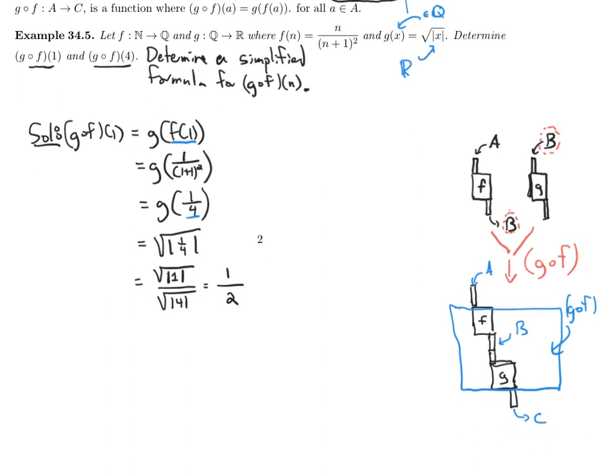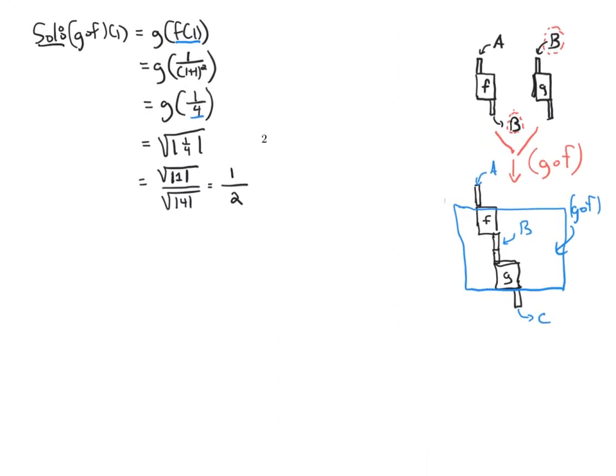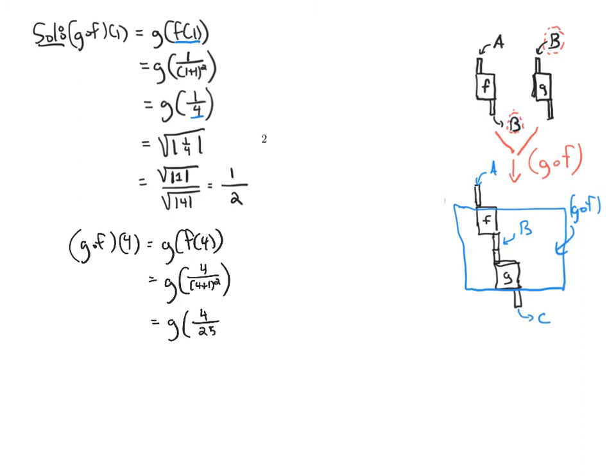Let's continue on. Let's do g of f of 4, same idea. So that's g of, well, f is n over n plus 1 squared. So this is g of 4 over 5 squared, which is 25.